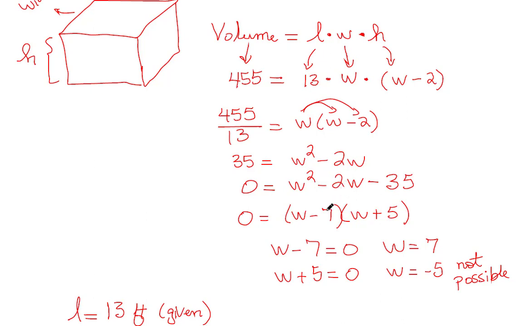So I pick a minus 7 and a plus 5. That would give me the minus 35 and the minus 2. Let's see, w minus 7 is 0. Move the 7, so I get w is 7. Yeah, that's possible. On the second one, w plus 5 is 0, so that would say the width is a negative number. That's not possible.